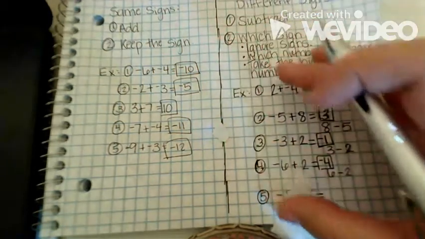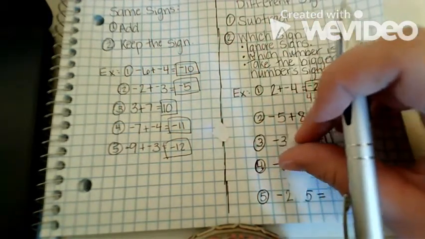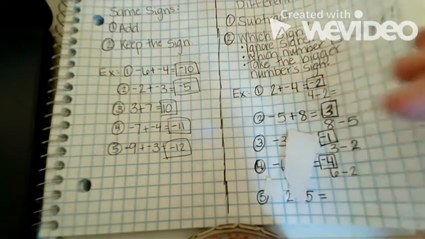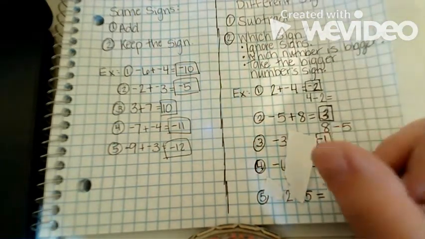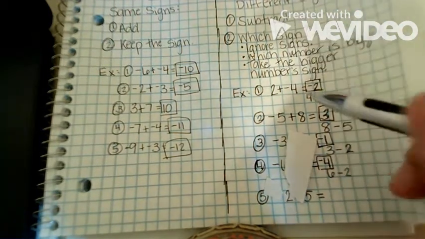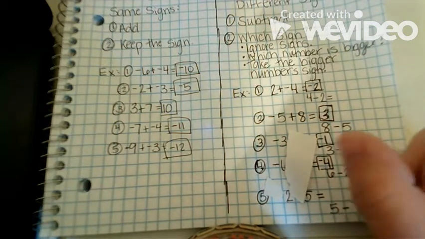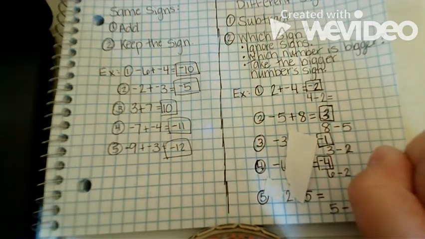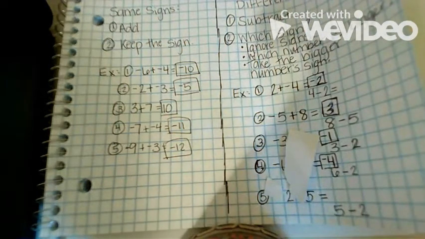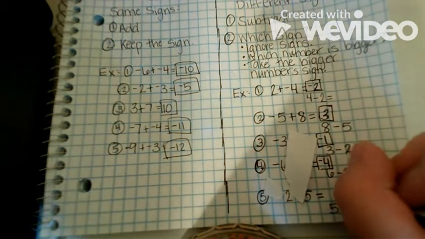This next one, ignore that plus sign. Ignore the sign. So I have 2 and 5. Well, I need to subtract. So I'm going to do 5 minus the smaller number, which is 2. 5 minus 2 is 3.